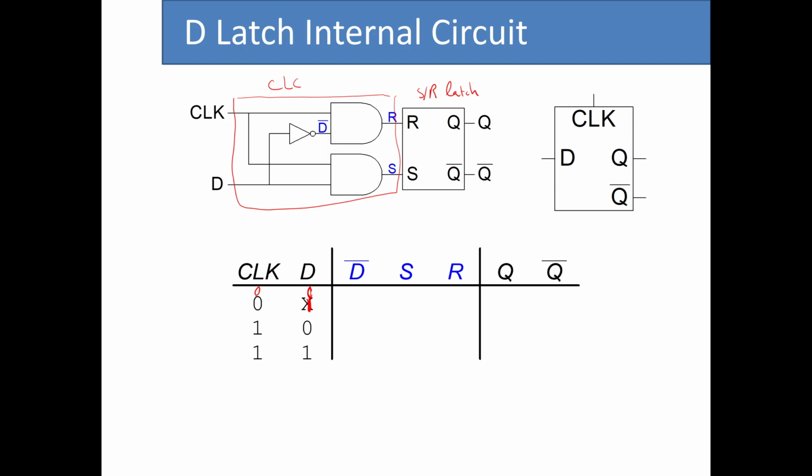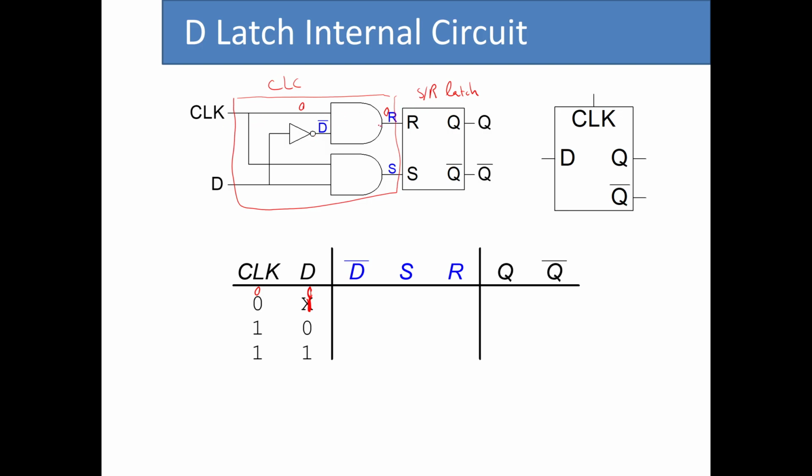When clock is 0, the input to this AND gate is 0, which makes its output 0. It doesn't depend on the value of D bar, basically D that goes through this inverter.